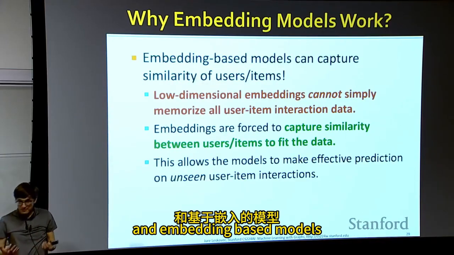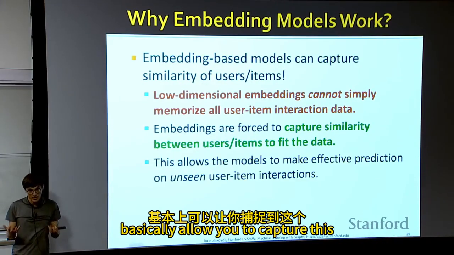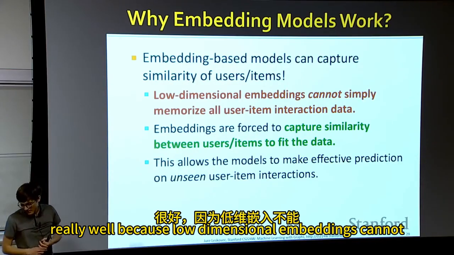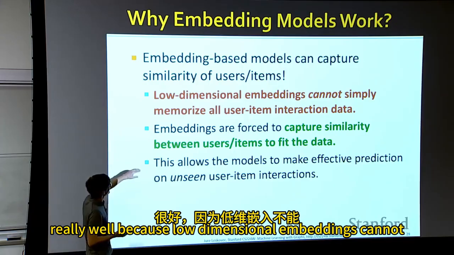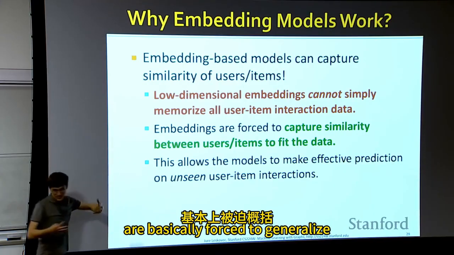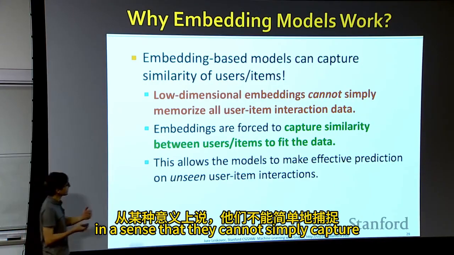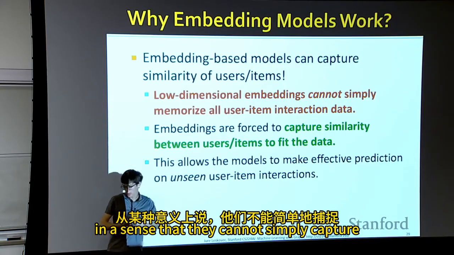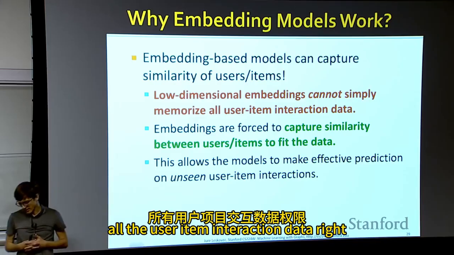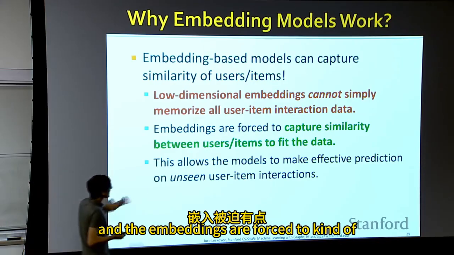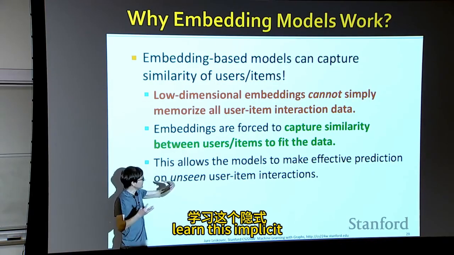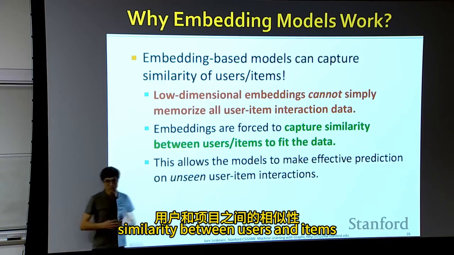And embedding-based models basically allow you to capture this really well. Because low-dimensional embeddings are basically forced to generalize in the sense that they cannot simply capture all the user-item interaction data, right? And the embeddings are forced to learn this implicit similarity between users and items.